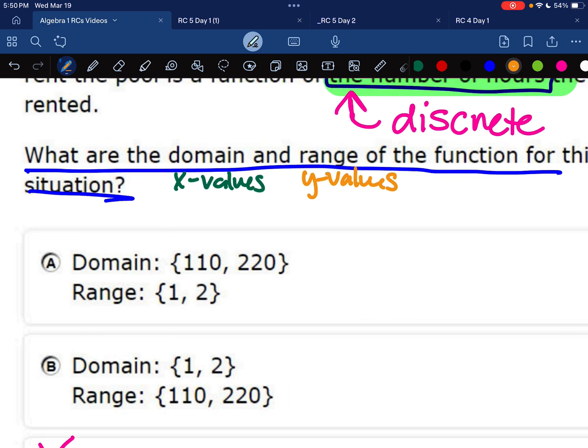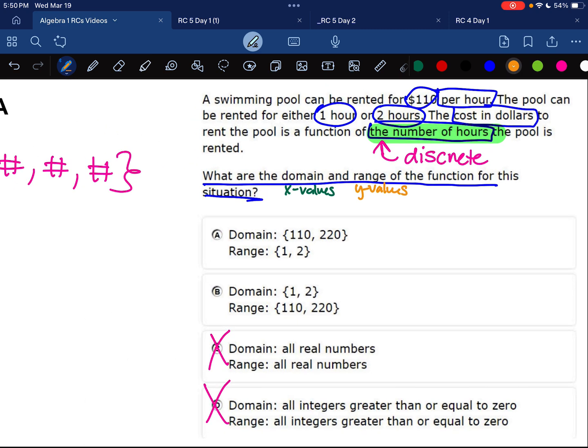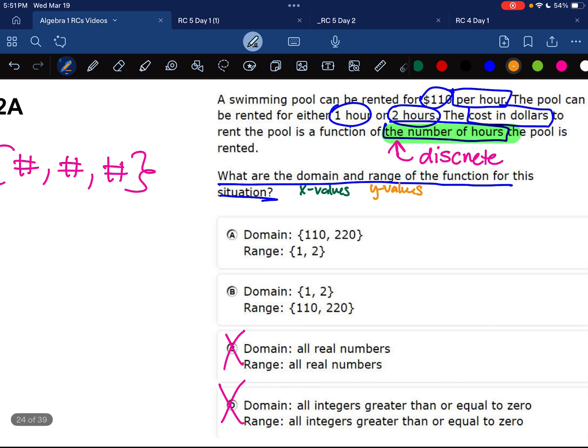Okay, so first things first, what is also our independent variable? So what is the independent? It's two things that they're talking about. They're talking about hours and the cost of something. Which one would be our independent?